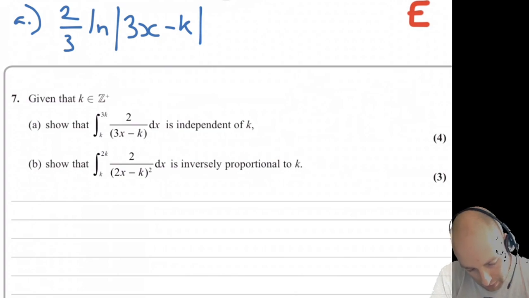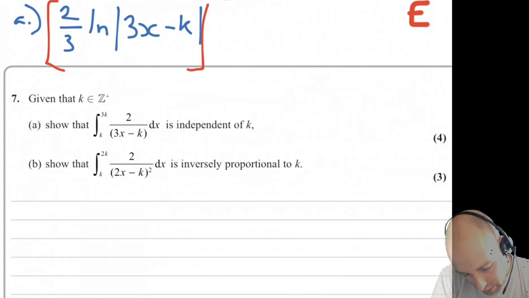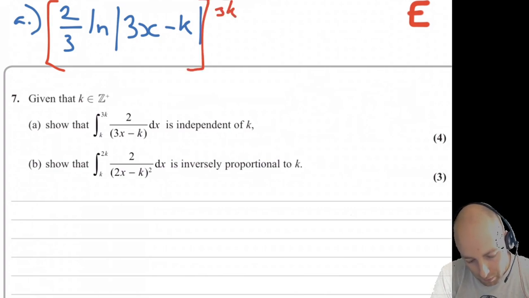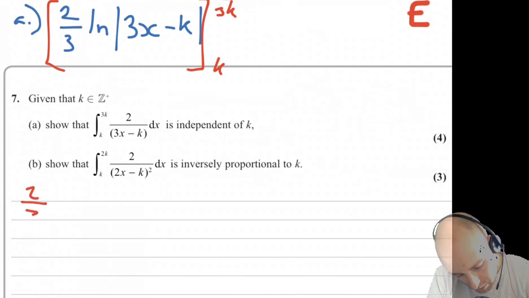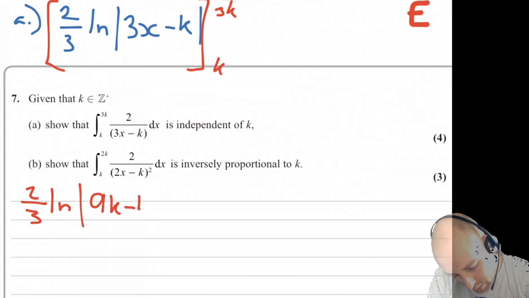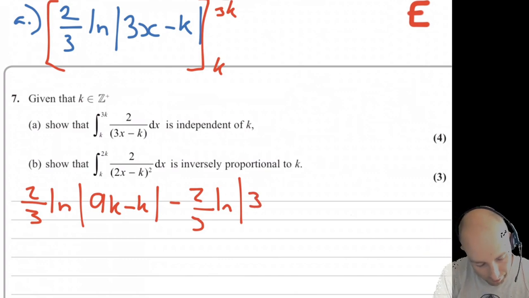We of course need to put the limits in. So 3k and k. So if we put 3 in, we're going to get 2/3 ln 9k take k, take away 2/3 ln of 3k take k.